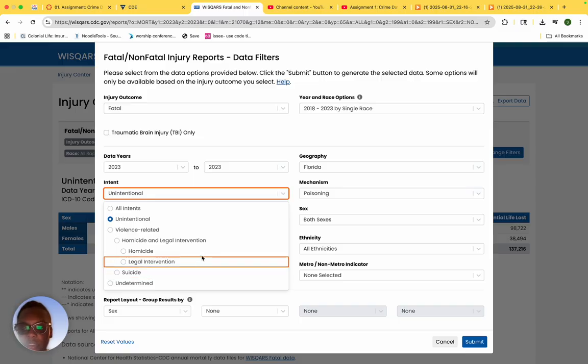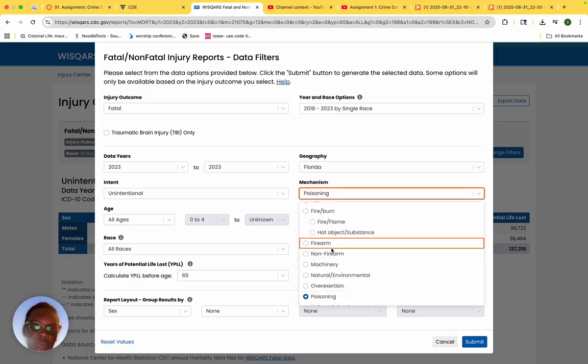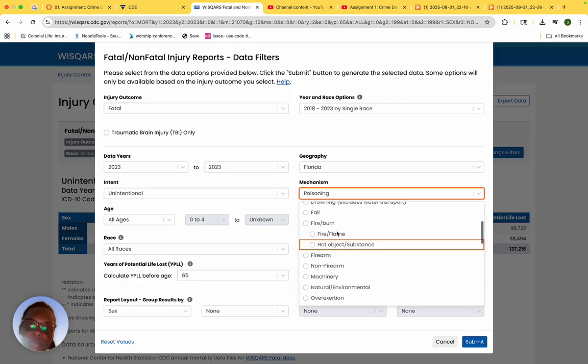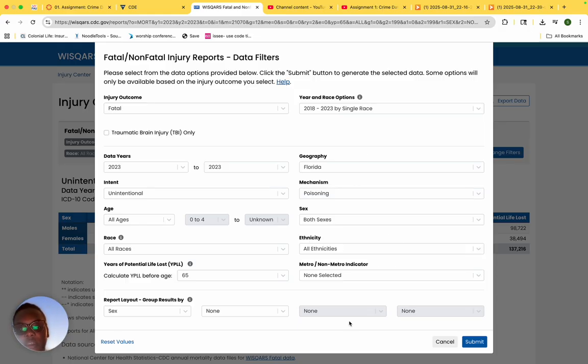I know I use suicide, homicide, and legal intervention. I also use poisoning, firearm, and fire by burn for each table. In total it's 5 tables.